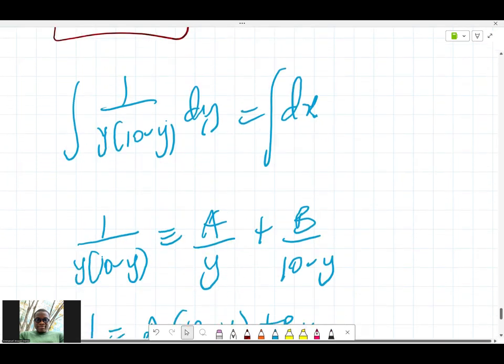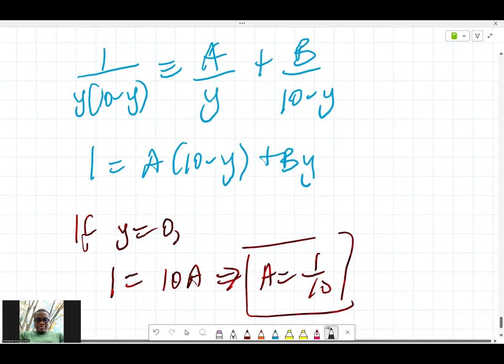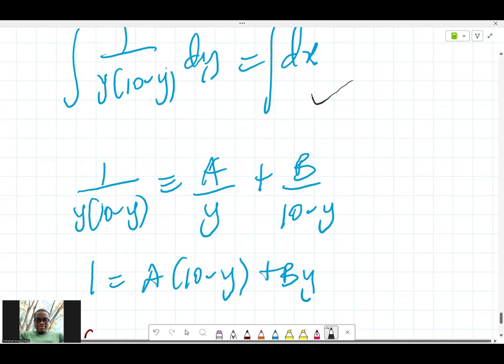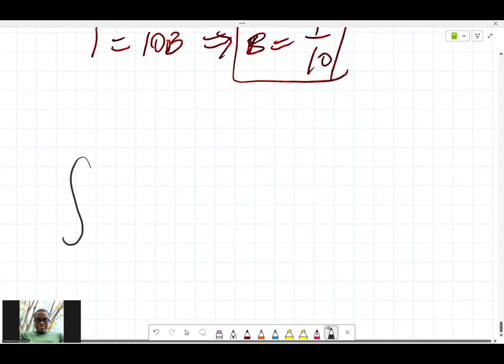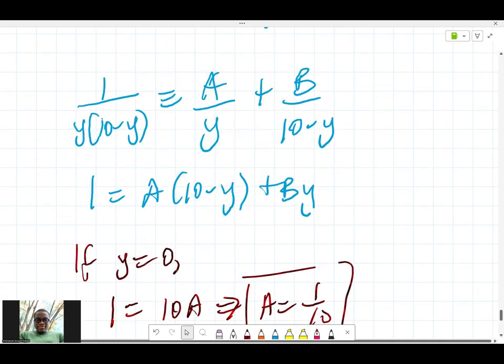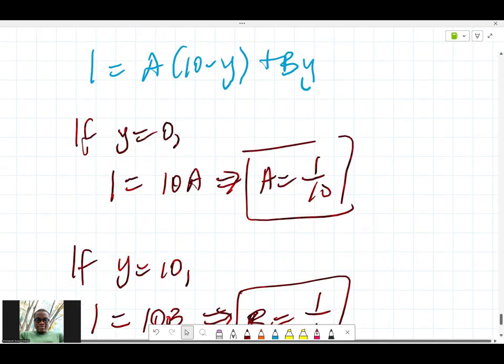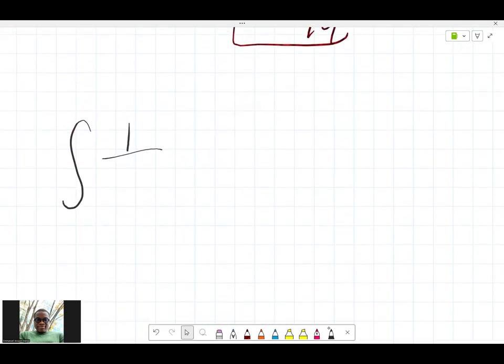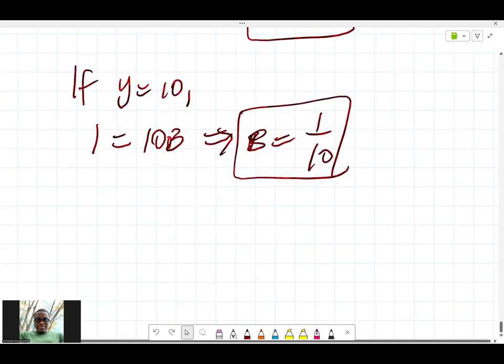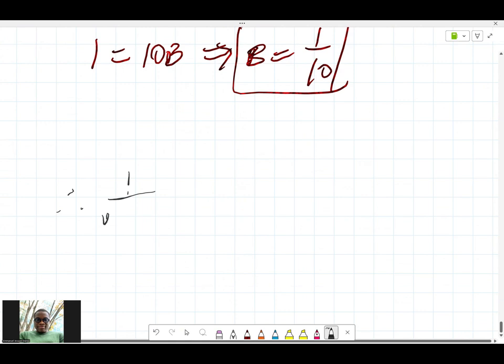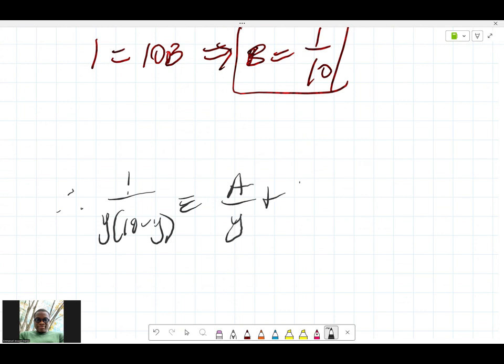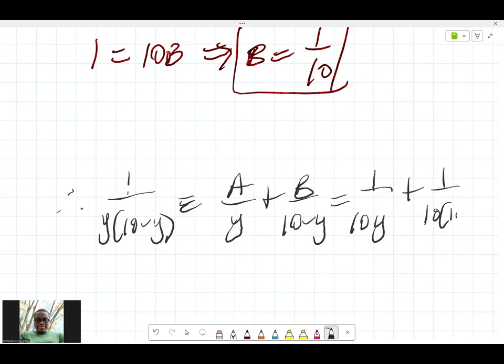So we can now go back to this expression and deal with it. Instead of jumping, let me just take my time. Therefore, 1 over y into (10 minus y), which is the same as A over y plus B over (10 minus y), will simply be 1 over 10y plus 1 over 10 into (10 minus y).